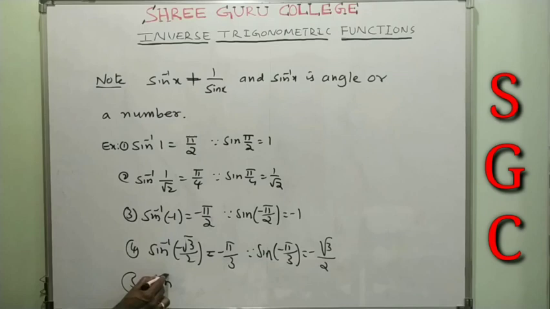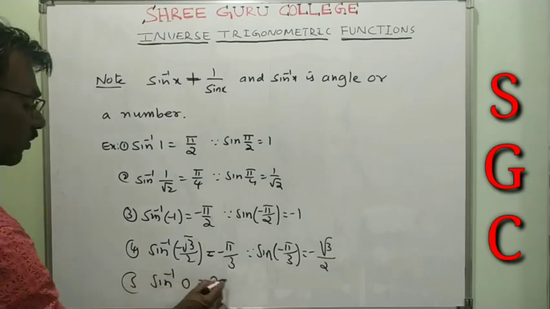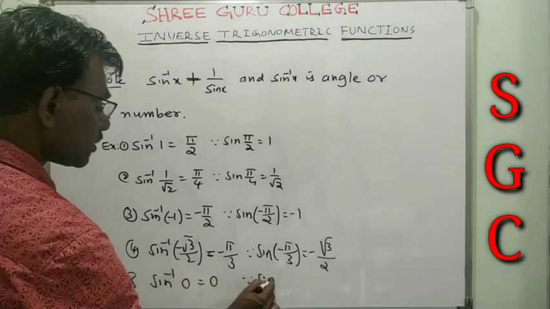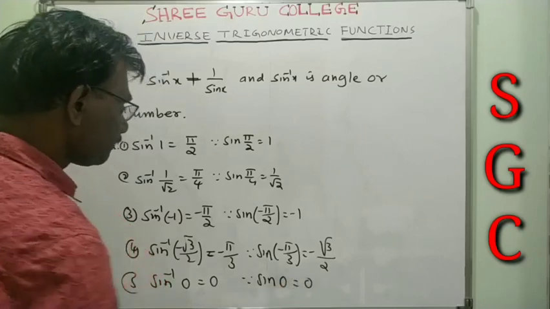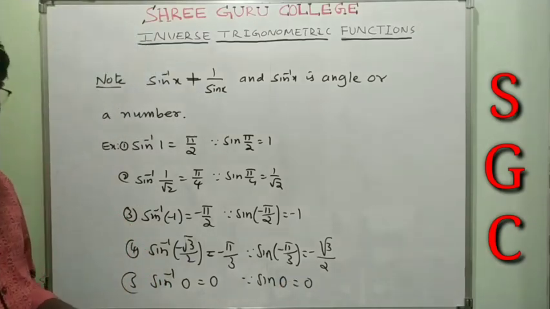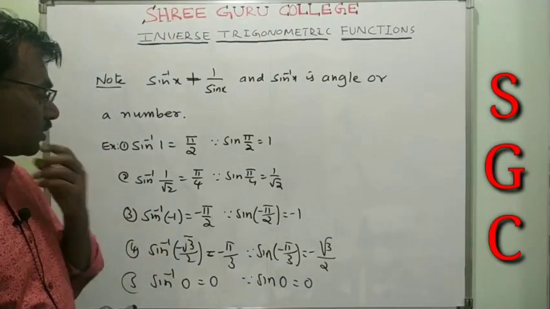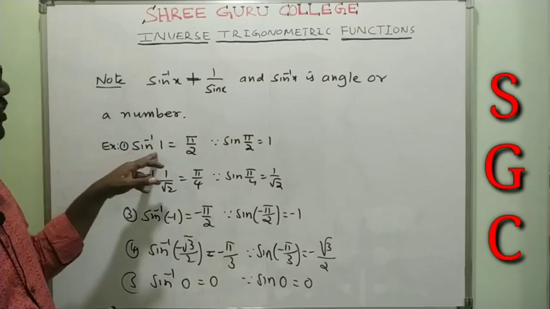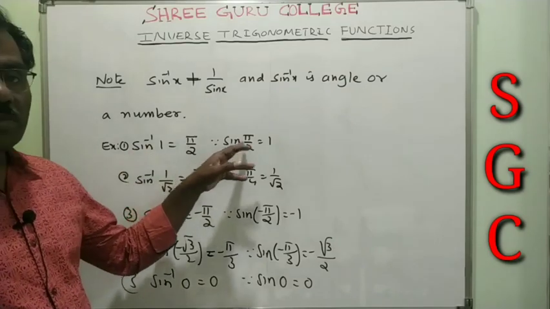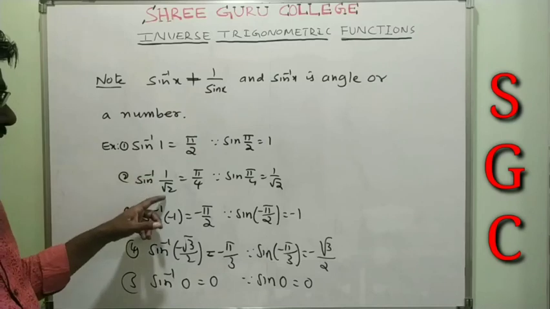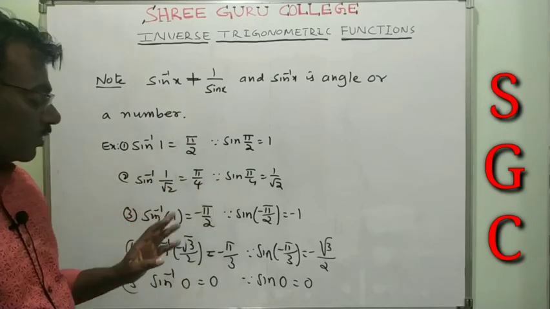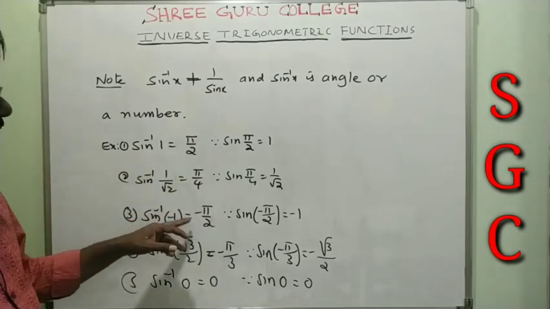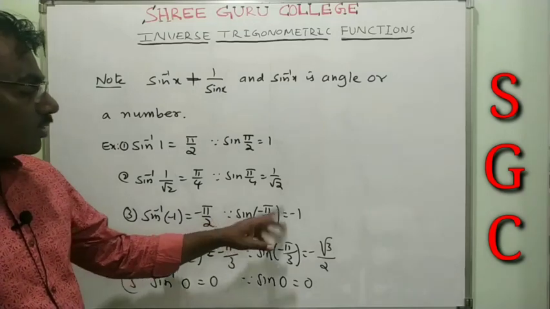Sine inverse of 0 is 0, because sine 0 is 0. So these are examples of range. Sine inverse of 1 is pi by 2, sine inverse of 1 by root 2 is pi by 4, sine inverse of minus 1 is minus pi by 2.